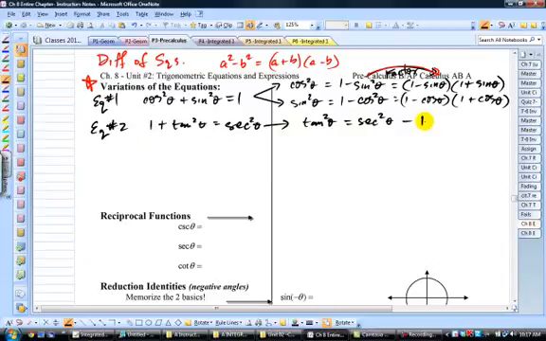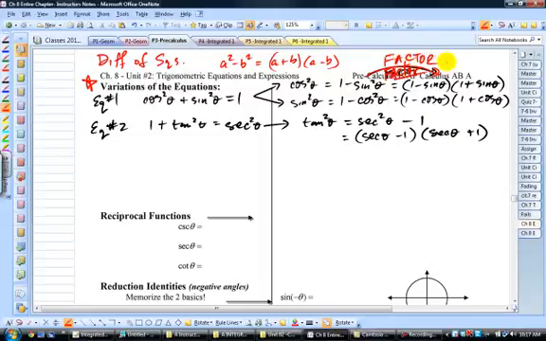You'll see that when you get there. If you want to factor that, you can, because this is also a difference of squares. You get secant theta minus 1 times secant theta plus 1. Again, factoring as we did back in Algebra 1. Let me write that down more clearly here.